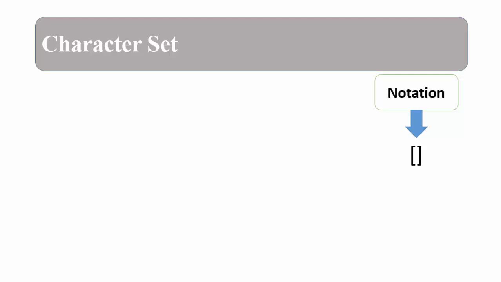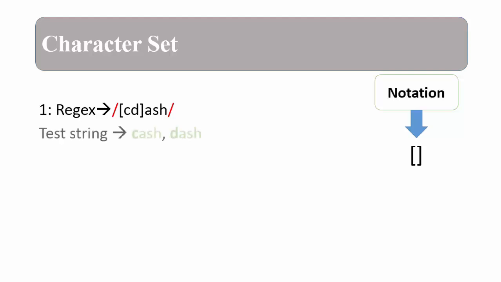that set. For example, if I have a regular expression something like this, in which I put CD into brackets, so our character set is CD here, then I have ASH right after my character set. So this regular expression will match cash and also match dash.